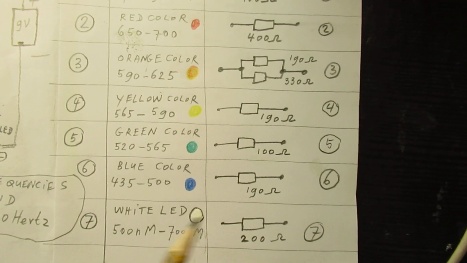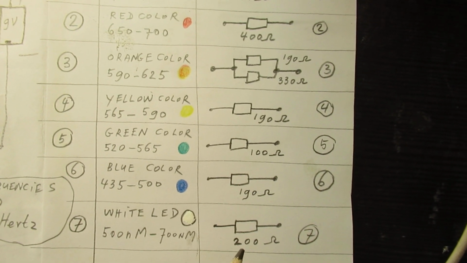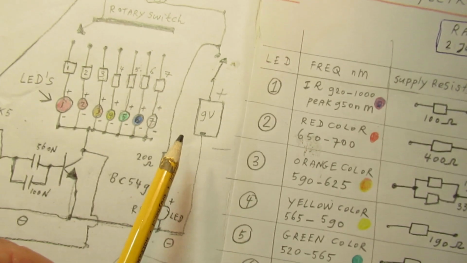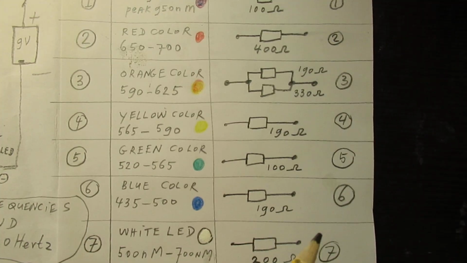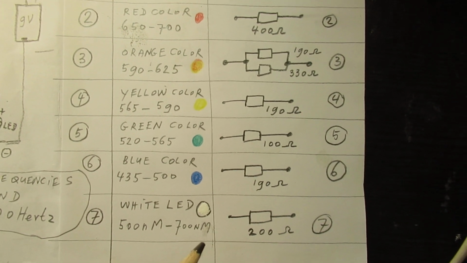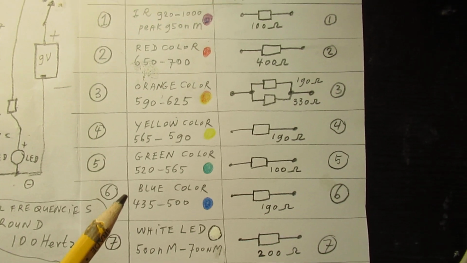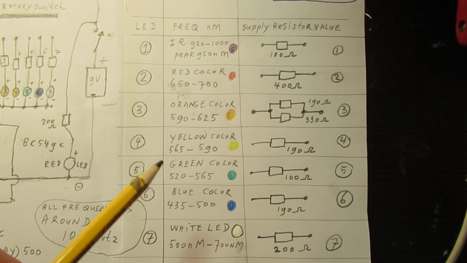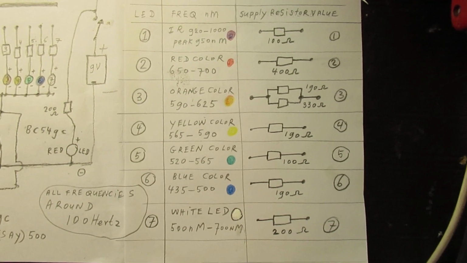So not always does a white LED work well with 200 ohms at 9 volts. That's the supply voltage, 9 volts here. But you can easily find that out. Very easy. And of course it's important that the LEDs shine out approximately the same amount of light.